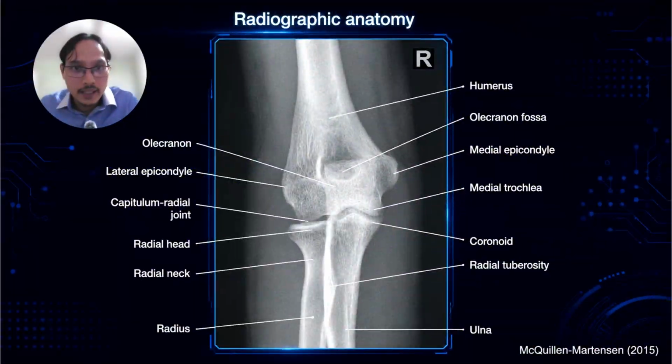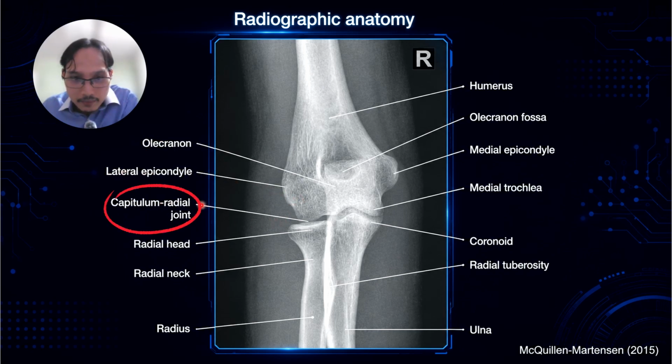Before evaluating any radiograph, a radiographer must have a strong understanding of the anatomy being demonstrated. This slide shows the important anatomical structures visible on AP elbow radiograph. This is olecranon. This is lateral epicondyle.